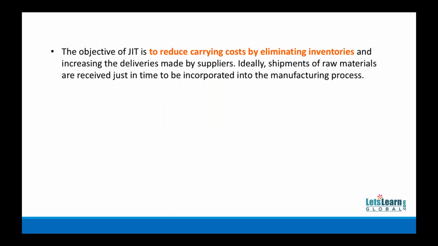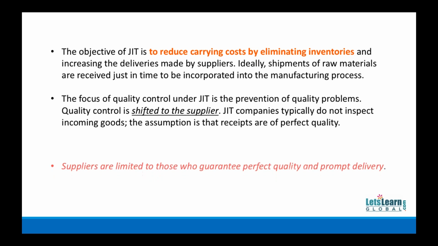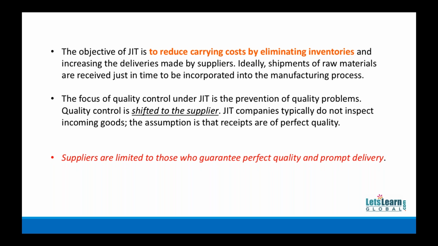The elimination of inventory carrying cost is the ultimate goal of the JIT system, under which we enter into a contract with the suppliers for getting two assurances: one, prompt delivery of the material, and two, assurance of the quality of the material supplied by them. And this is the reason why we do not depend on many suppliers. We only depend on a few eminent suppliers who give assurance for the quality and prompt delivery of the goods.